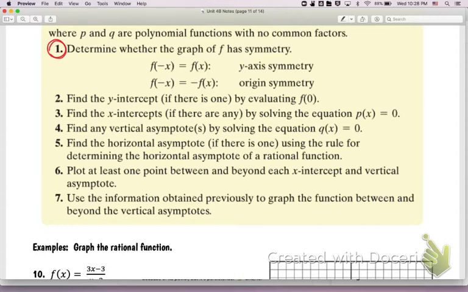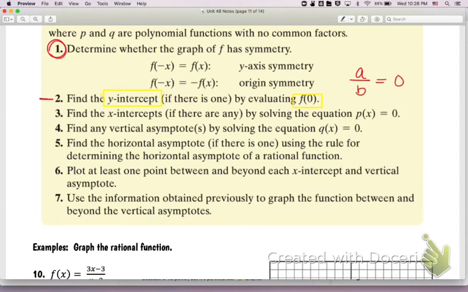Just like with polynomials, we're going to find X-intercepts and the Y-intercept. We're going to start with the Y-intercept. That is, remember, where we do f of 0. Then we're going to find the X-intercepts. Think about a fraction, a over b.